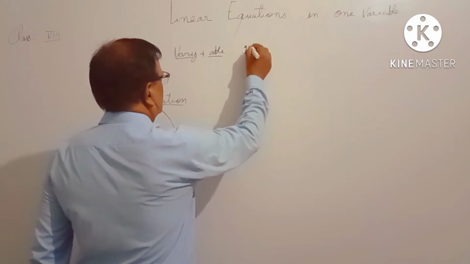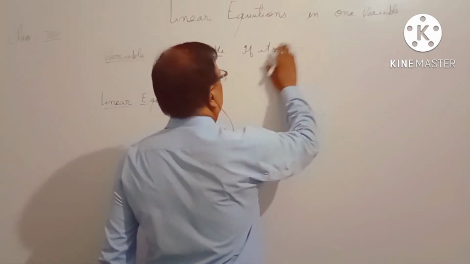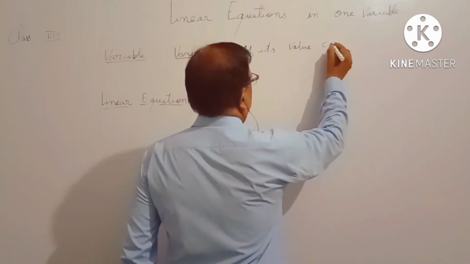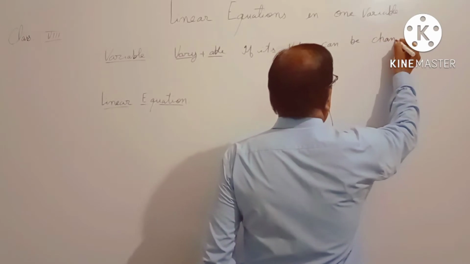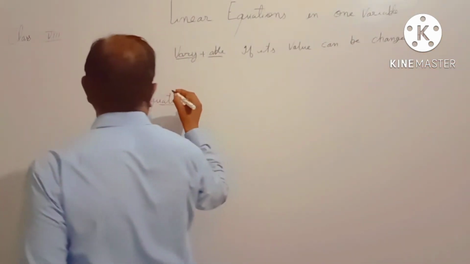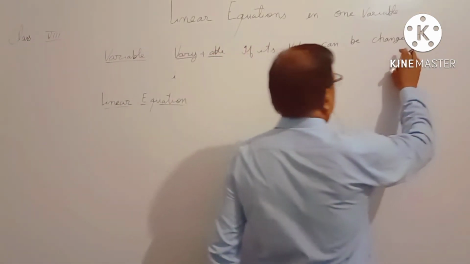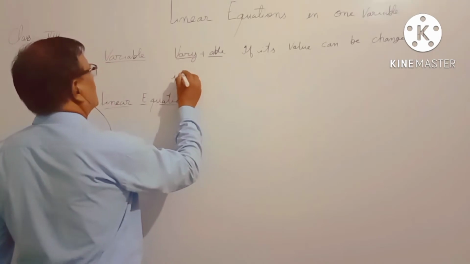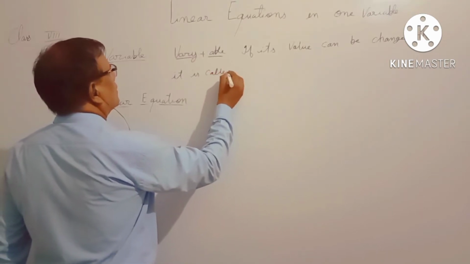If its value may be changed or can be changed, it keeps changing, then it is called a variable.